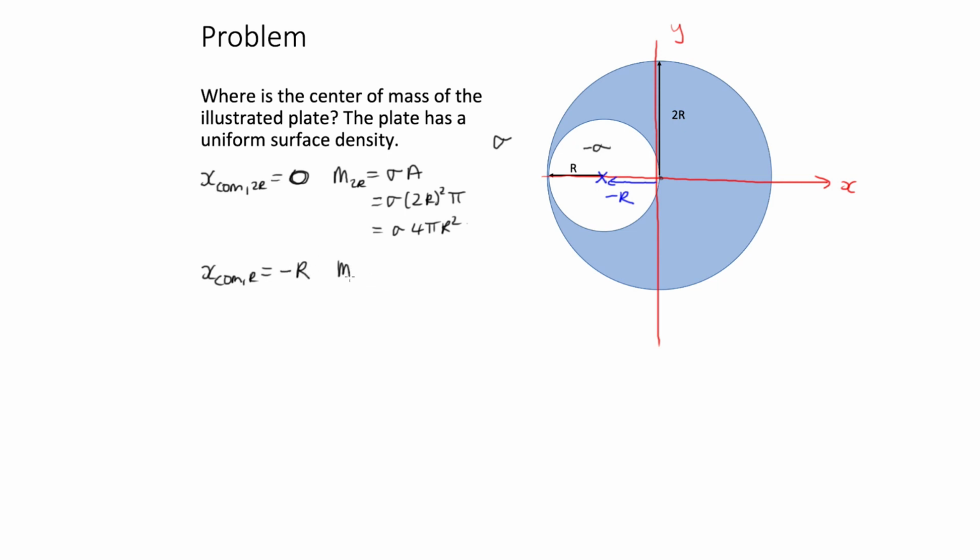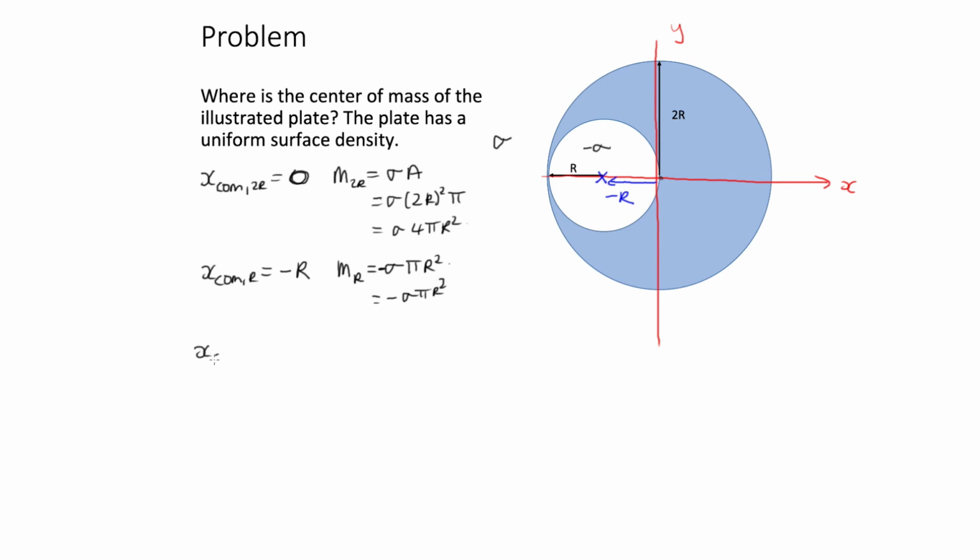Now we need to know the mass of this disk. That's going to be minus sigma times its surface area, which is pi r squared. So this is equal to minus sigma pi r squared. Okay, so now I've got two shapes, and I'm combining these two shapes to find the center of mass of that combined system.